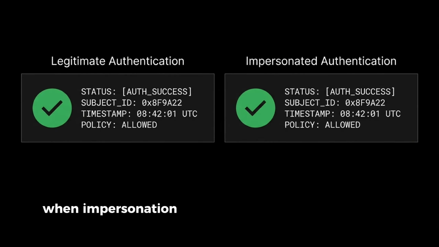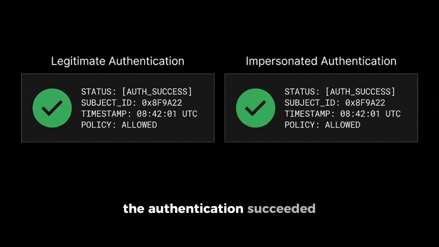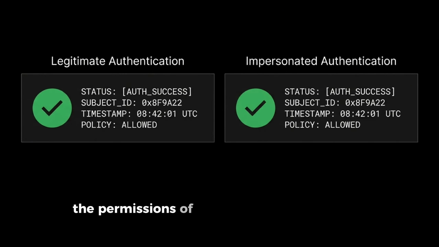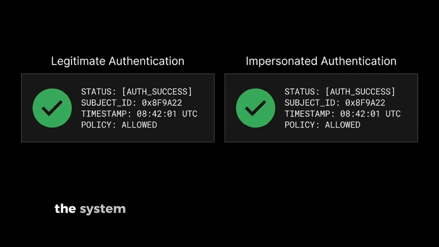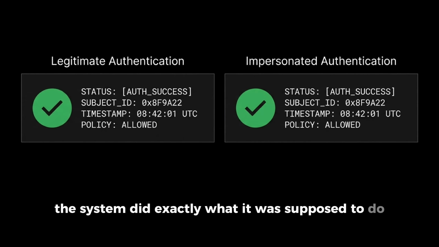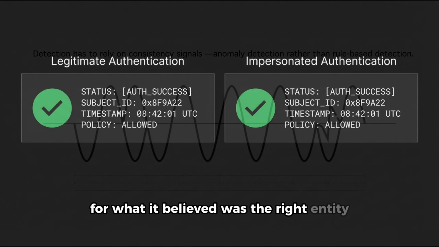When impersonation works, none of those signals exist. The authentication succeeded. The identity was accepted. The access was within the permissions of the impersonated identity. Every log entry shows a normal, successful interaction. The system did exactly what it was supposed to do for what it believed was the right entity.